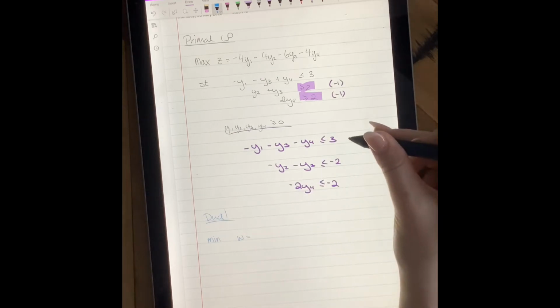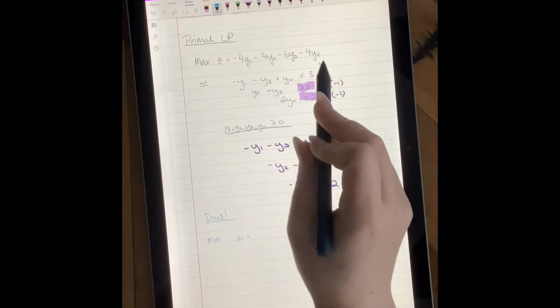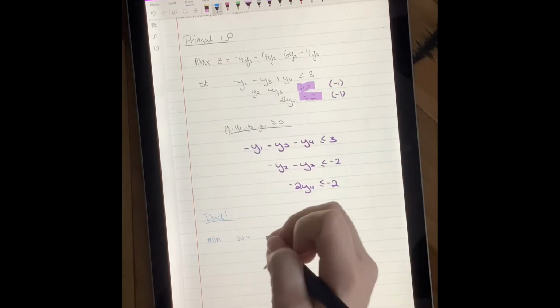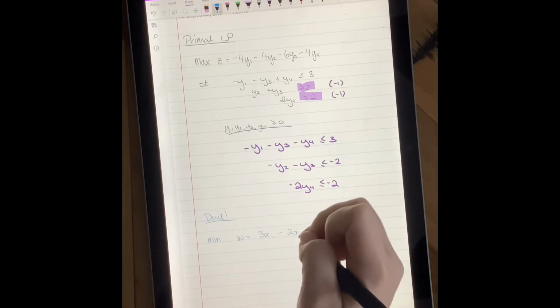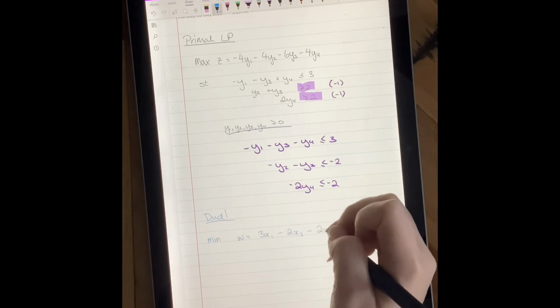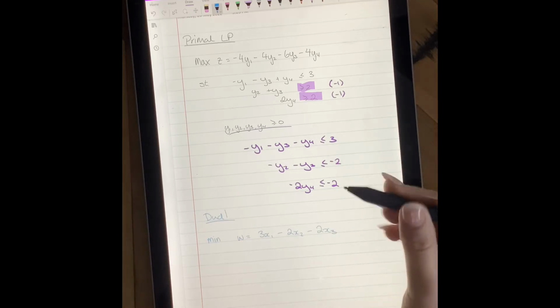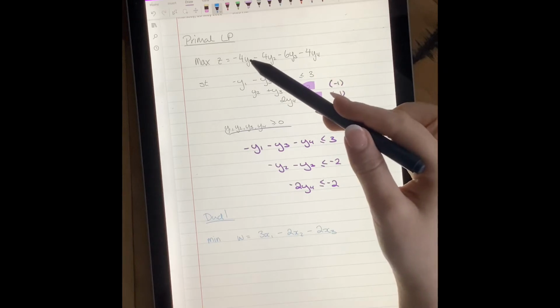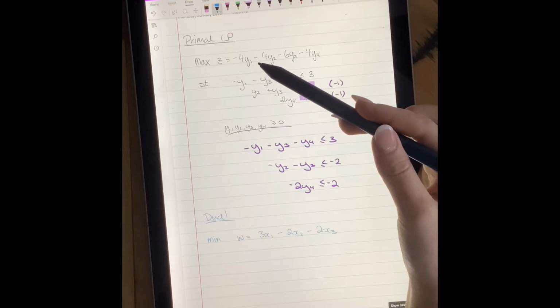So you'll end up with 3 variables and 4 constraints. So you end up with 3x1 minus 2x2 minus 2x3. So each variable corresponds to a constraint in the dual.